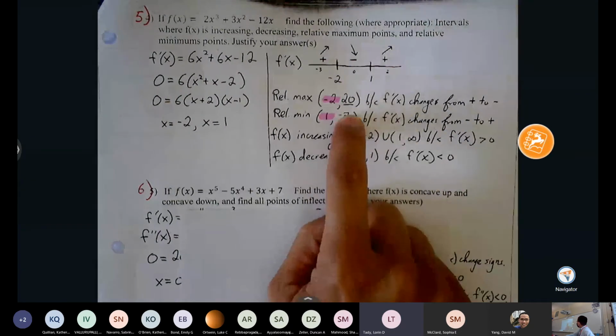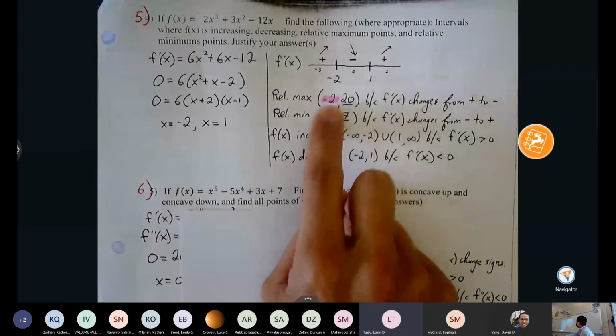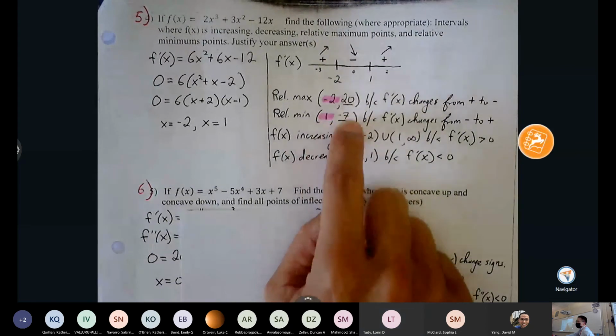Would we have to write that, or could we do x equals -2? Yeah, you can leave those blank or just give me the x value. You don't have to give me the y value.